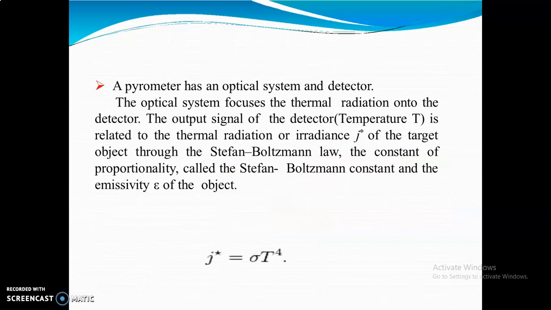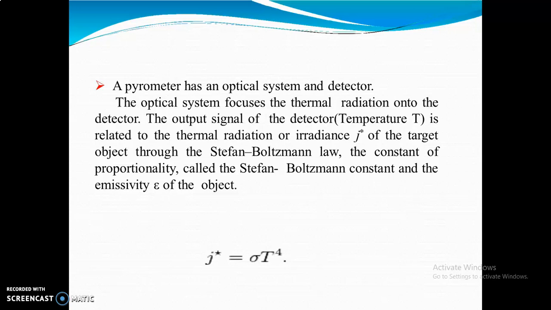So what is a pyrometer? Generally a pyrometer has an optical system and a detector, and it mainly works on the principle of the Stefan-Boltzmann law. The system focuses thermal radiation onto the detector. The output signal of the detector is related to the thermal radiation of the target object.